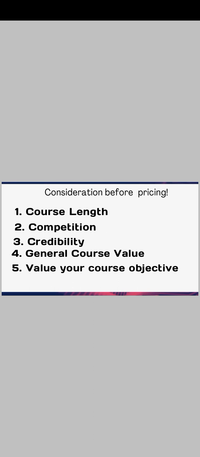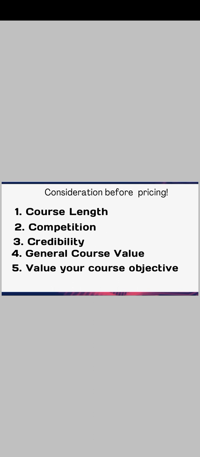Do you see? Number four thing is that you must have a general course value. One of the things that you must consider before pricing is your general cost value rather. What this means is that you must be able to look at your entire cost and look at the general value of the cost: your time, your marketing, your marketing budget, your effort, the tools that you're using, and on and on like that.